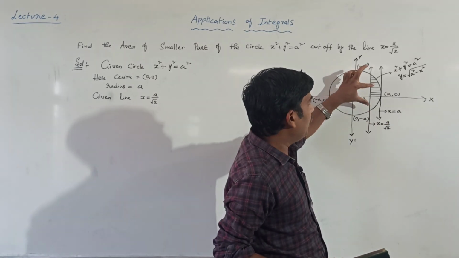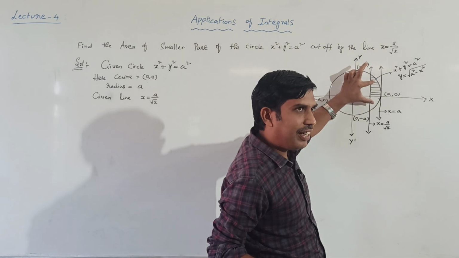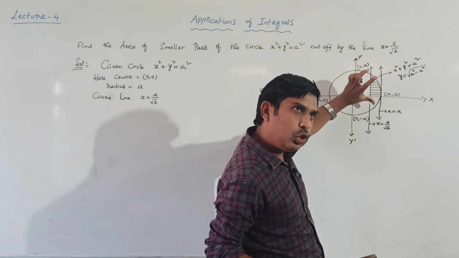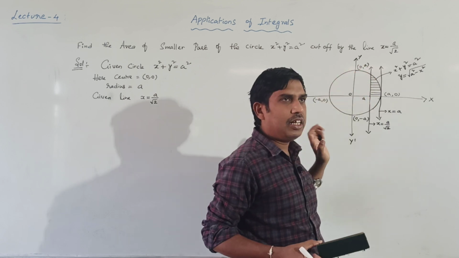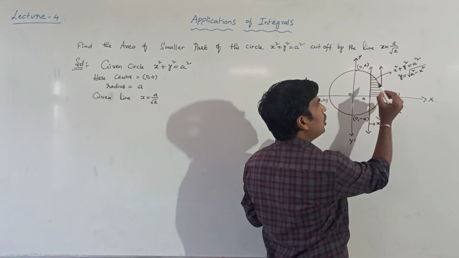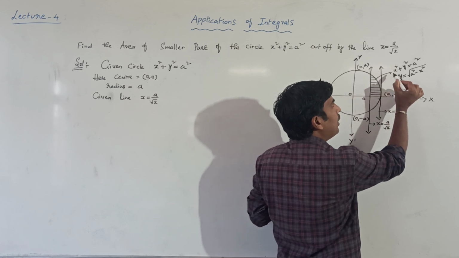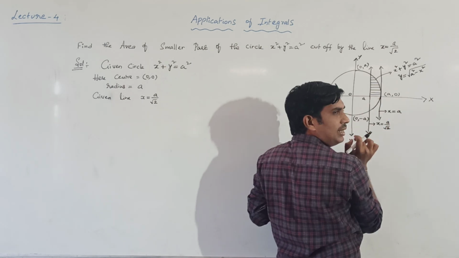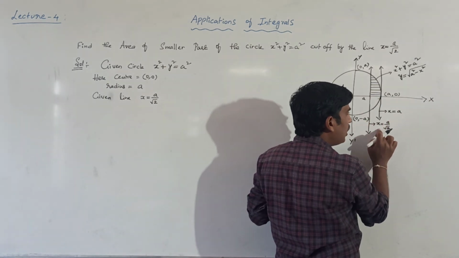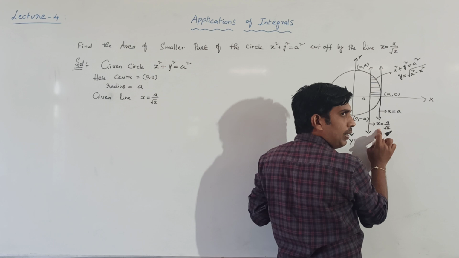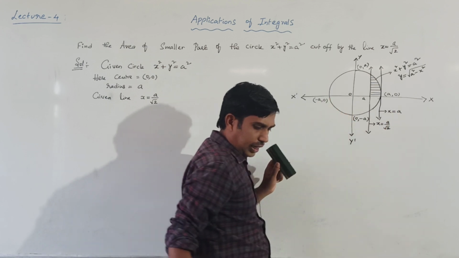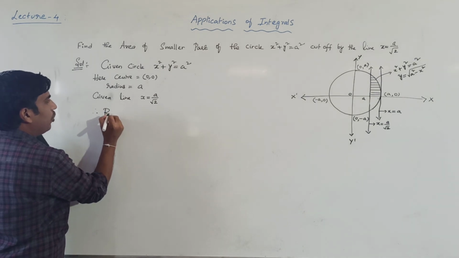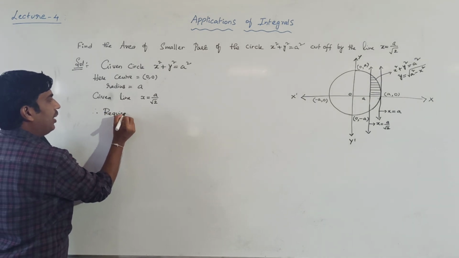Actually we have to find this total area, so if you find one part area and multiply by 2, we get the total area. Now this area is bounded by the curve y is equal to f of x with the x-axis between the limits x is equal to a by root 2 and x is equal to a. Therefore, the required area.